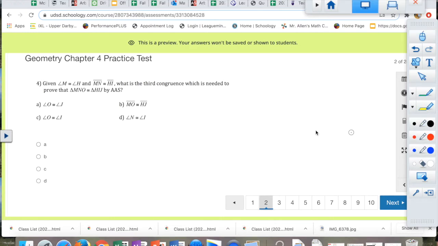So first I'm going to draw two triangles so I can visualize this problem. M, N, O. Then I'm going to draw the second triangle. It's going to look very similar, and then I'm going to name it the same way I did MNO. So I'm going to start here and name this HIJ.